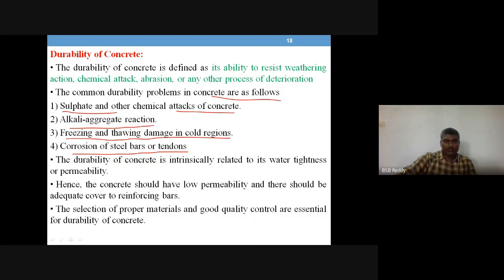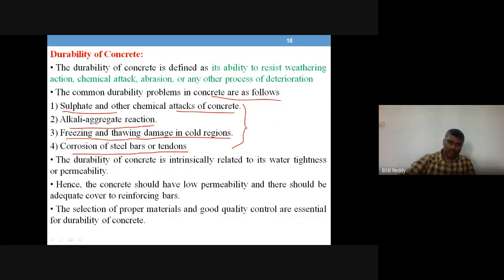So these are the four things that are the common durability problems that you can mention. Okay, so these things are the durability concern for us.